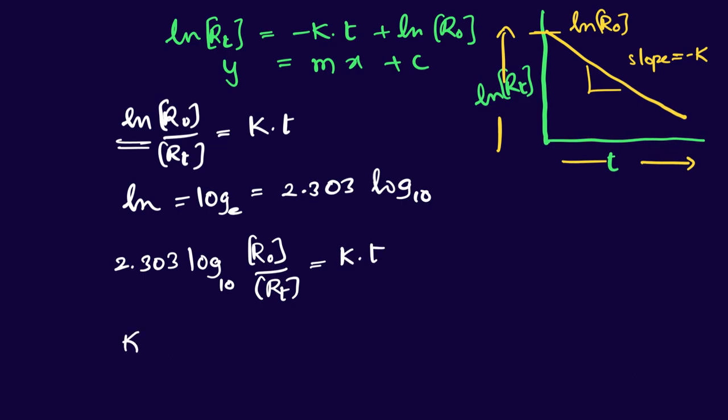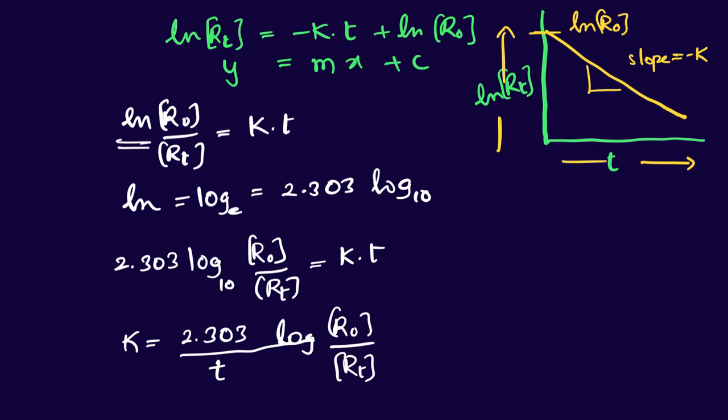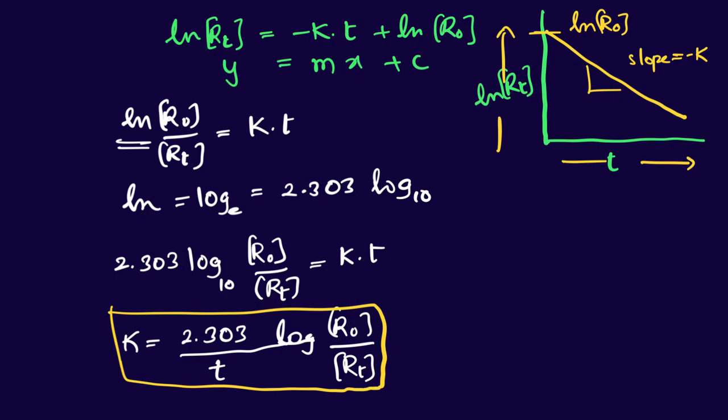So now k is equal to 2.303 divided by t, times log R naught concentration by R at t time concentration. This is the final equation for the first order rate constant.